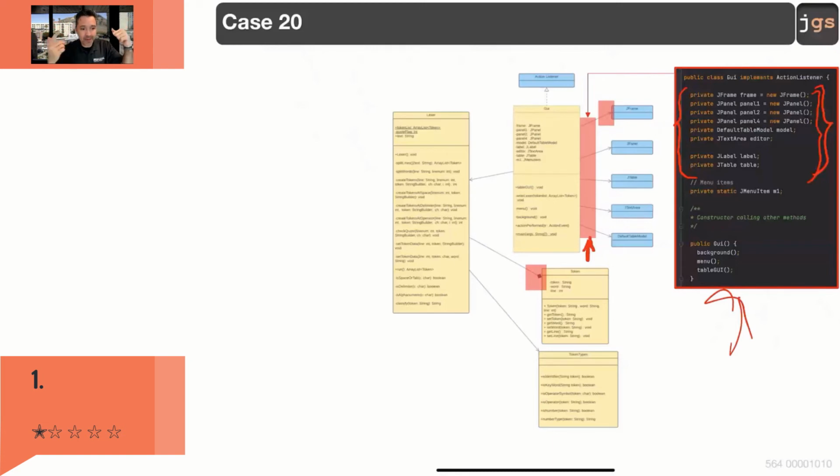There are no partial credits for association or partial credits for aggregation. It's just like, this is the question, and the only possible correct answer is this one.